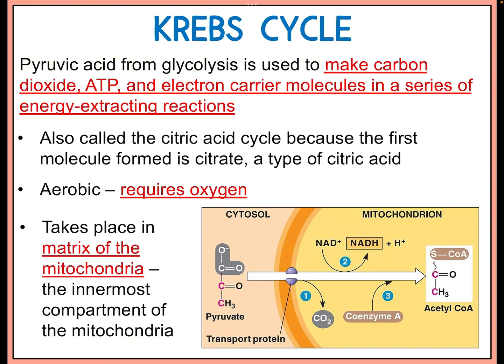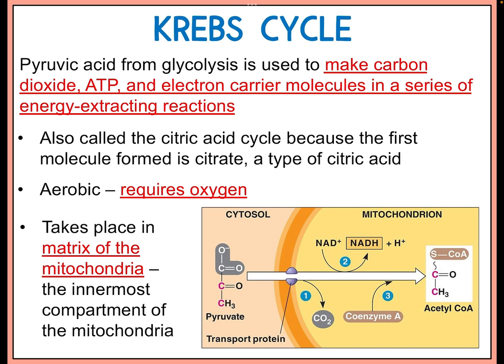So we move from glycolysis into the Krebs cycle. This is also called the citric acid cycle, because the first molecule formed is a citrate, and it's a type of citric acid. The Krebs cycle is aerobic, meaning that it requires oxygen in order for it to take place.